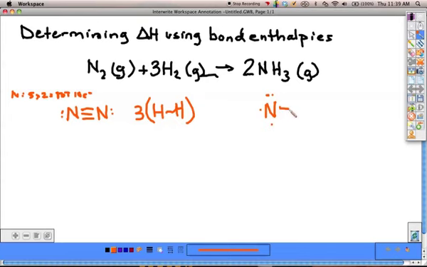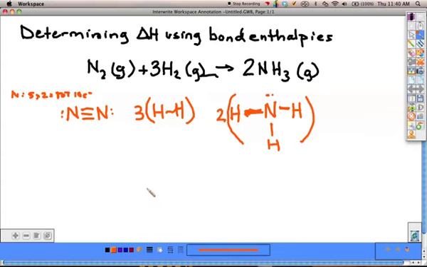And I can put the hydrogens around. So share hydrogen's 1 electron with 1 electron from nitrogen, share again, and again, and we've got NH3. And I'm going to have 2 of those molecules.